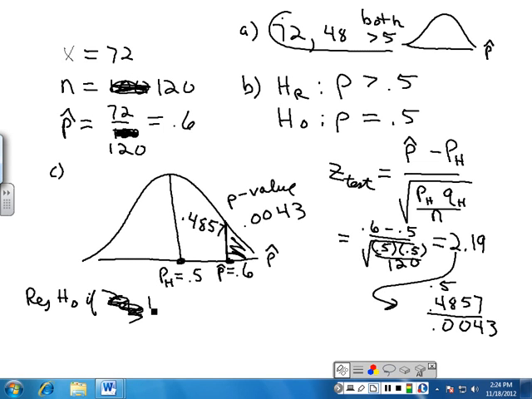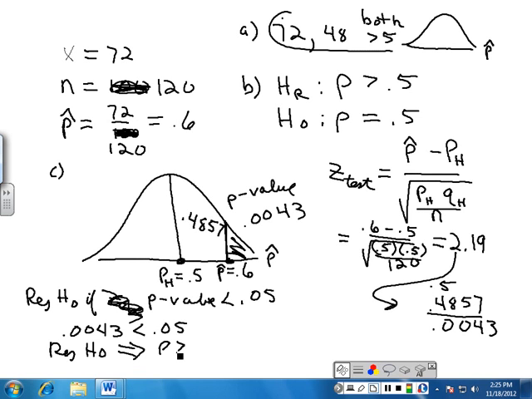If the p-value is less than 0.05, and 0.0043 is less than 0.05, therefore we reject H0 and conclude then that P is greater than 0.5, that the difference that we have here is not simply a matter of sampling error.